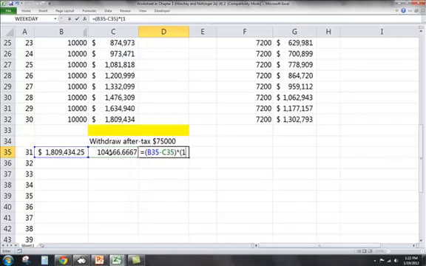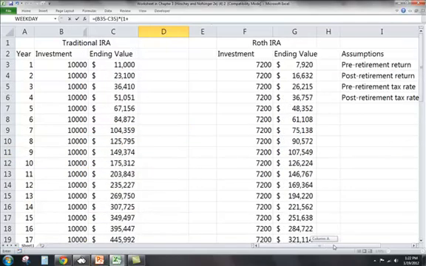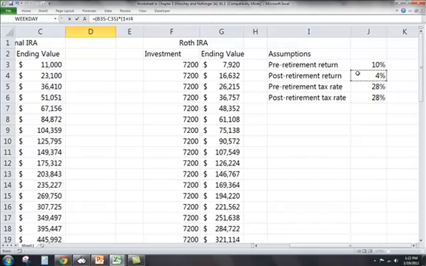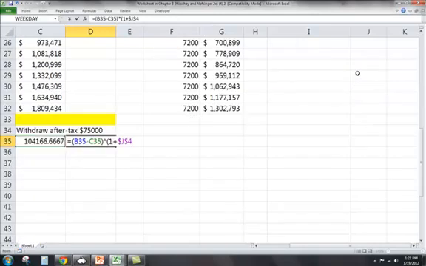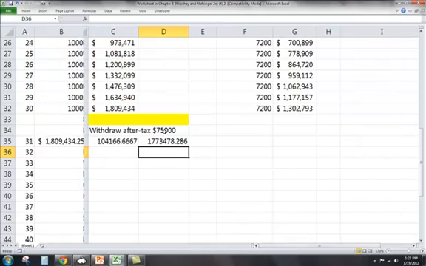So basically what I'm trying to calculate in column D here is how much I have at the end of the year after having earned a return on the amount that I didn't spend. So I'm going to multiply by 1 plus my return rate during retirement, which I'm assuming is 4%. So I end up with 1.77 million.